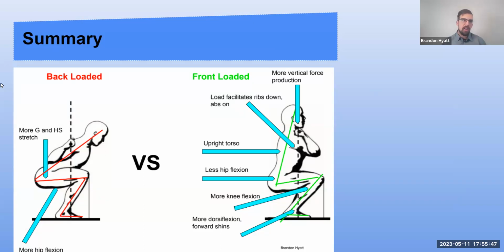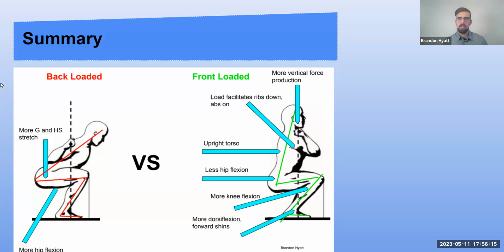So for this summary, back-loaded versus front-loaded, we can see some of the differences here. Looking at this, we can see that there is more vertical force production for the front squat. Front squat helps facilitate ribs getting down a little bit more, getting those abs turned on, getting that pelvic tilt more neutral.